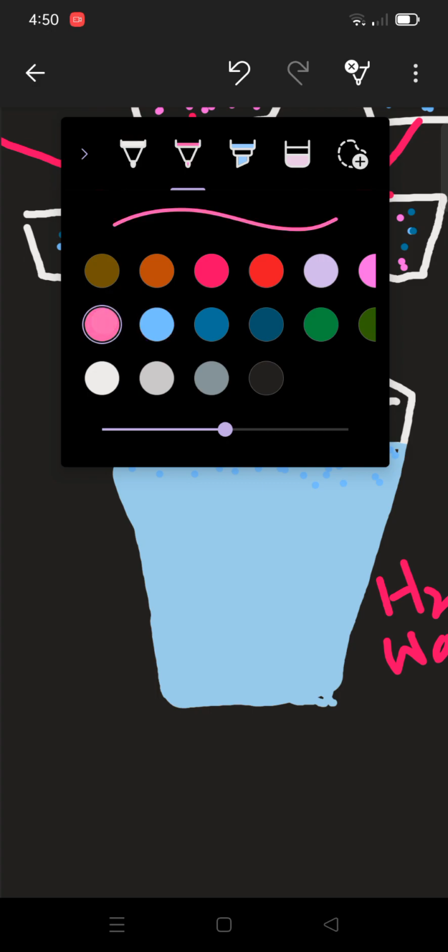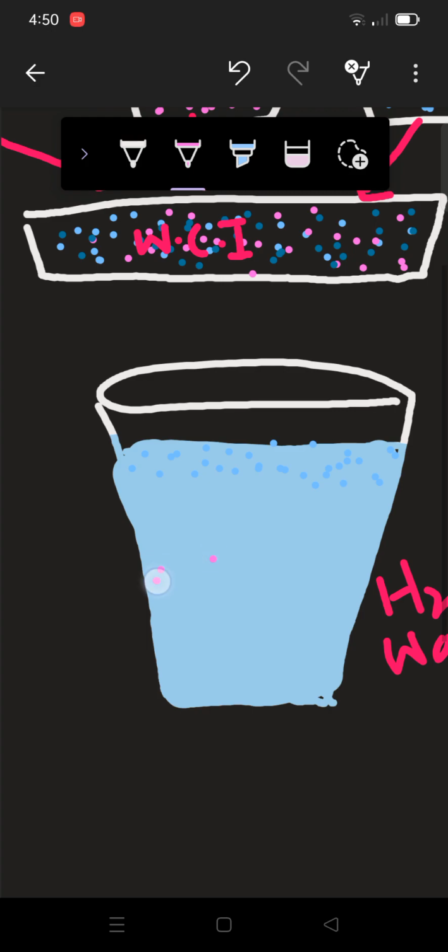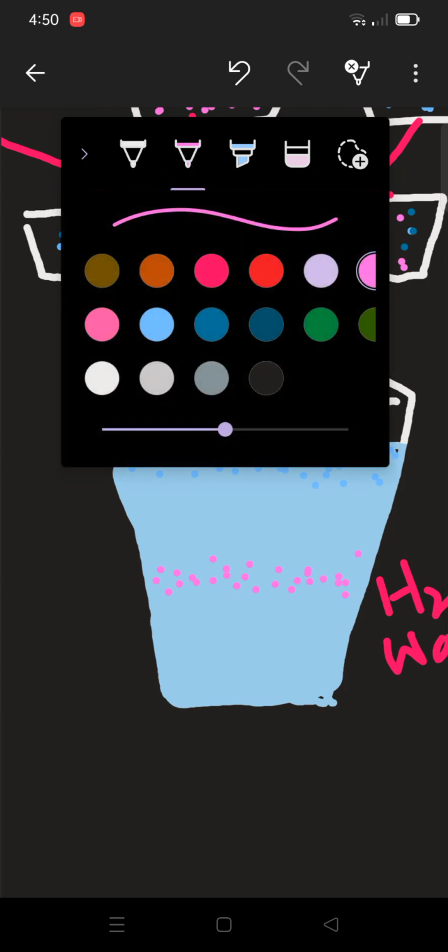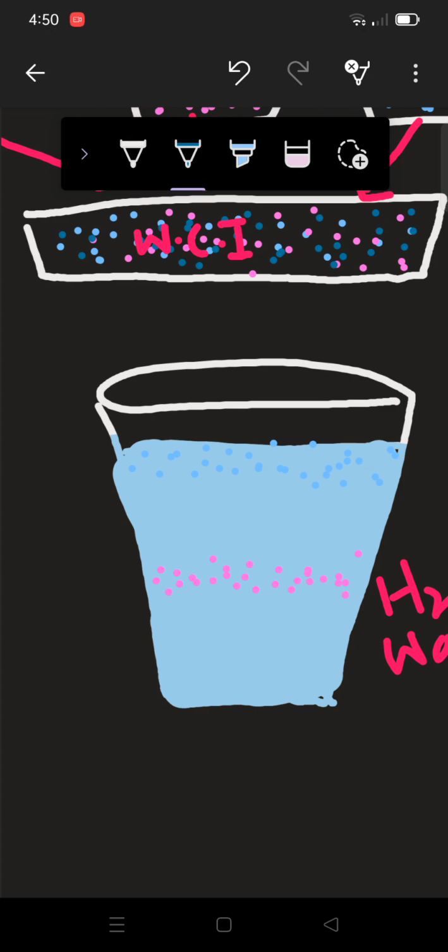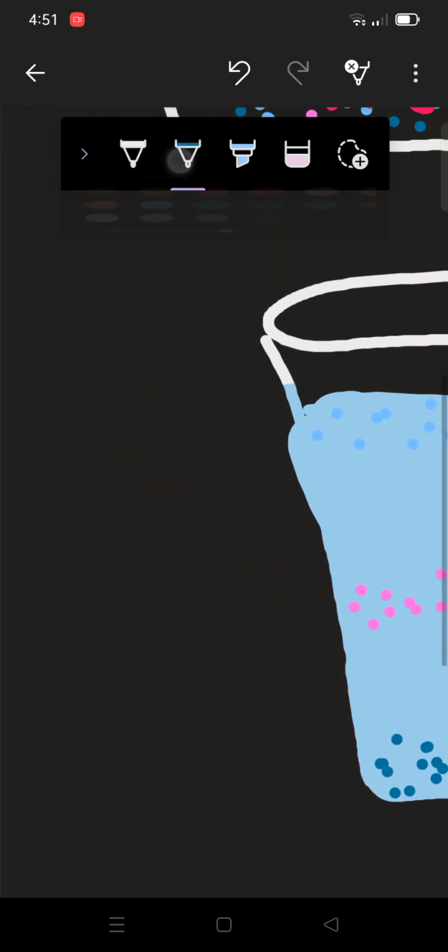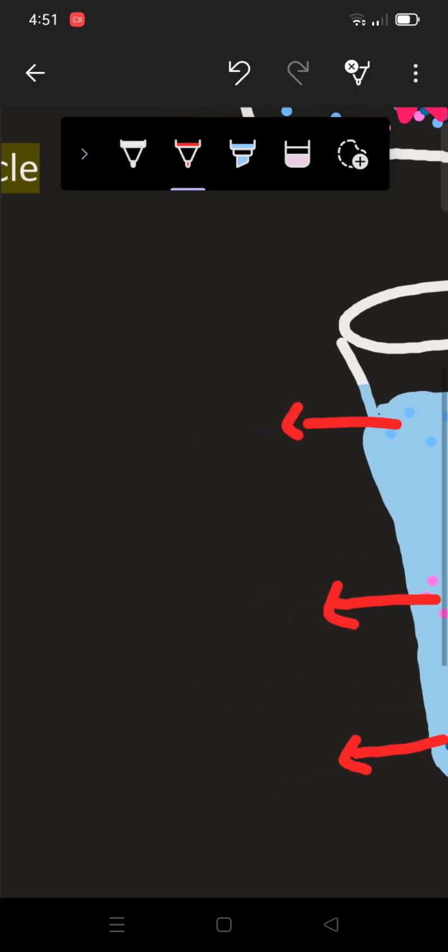And because of the high density of the iron particles, they will be at the bottom of the glass of water. So here we have wood particles, concrete particles, and iron particles.